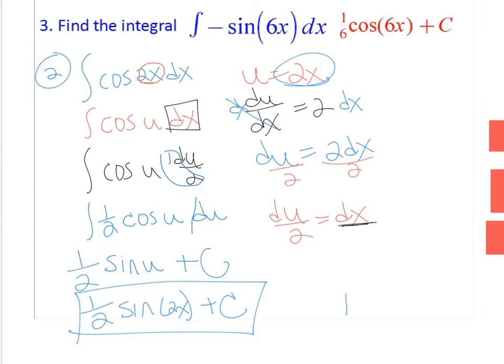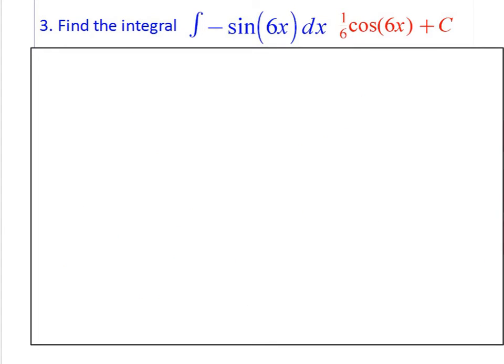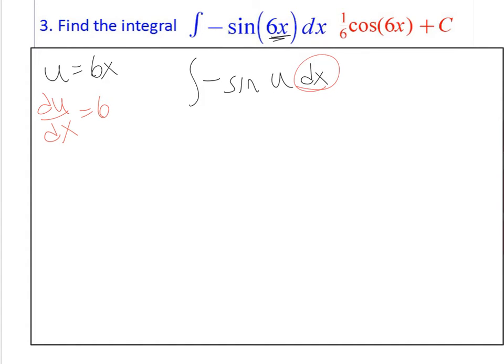So 3 is going to be very similar. Let me get some space to do 3. So for 3, I'm going to say that the u is 6x. So we have the integral of negative sine of u dx. I have to take the derivative of u, and I'm looking to replace dx.